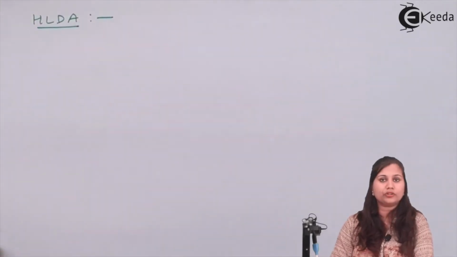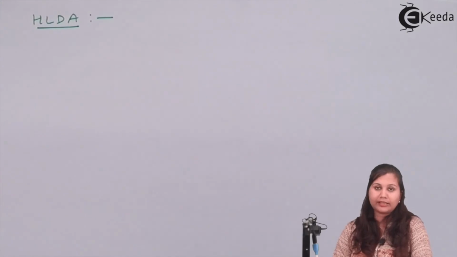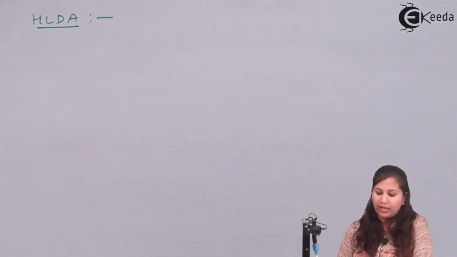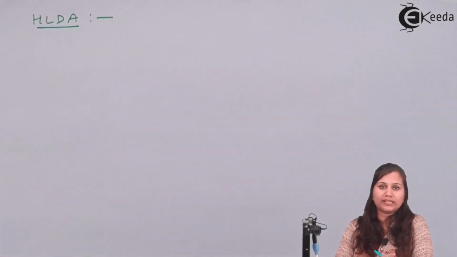HLDA stands for the hold acknowledgement signal. This acknowledgement signal is used when the microprocessor is performing the communication with the DMA controller, and it is an acknowledgement signal for the hold signal given by the other processors.